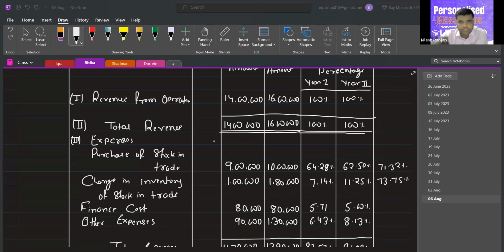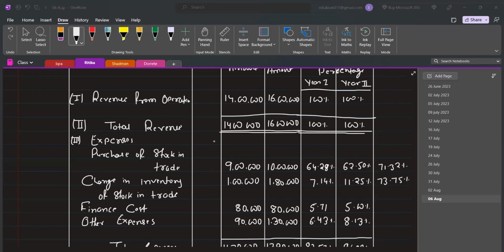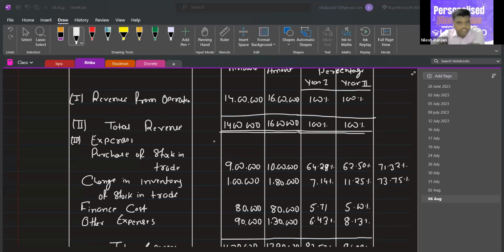Particulars, note, current year amount, previous year amount, current year common size percentage, previous year common size percentage, and there is the formula: individual item into 100 divided by base item. I told you which one is the base item in the statement of profit and loss and balance sheet. In profit and loss, it is revenue from operations, and in balance sheet, it is total of balance sheet. It is written here in note. So this is our common size statement.